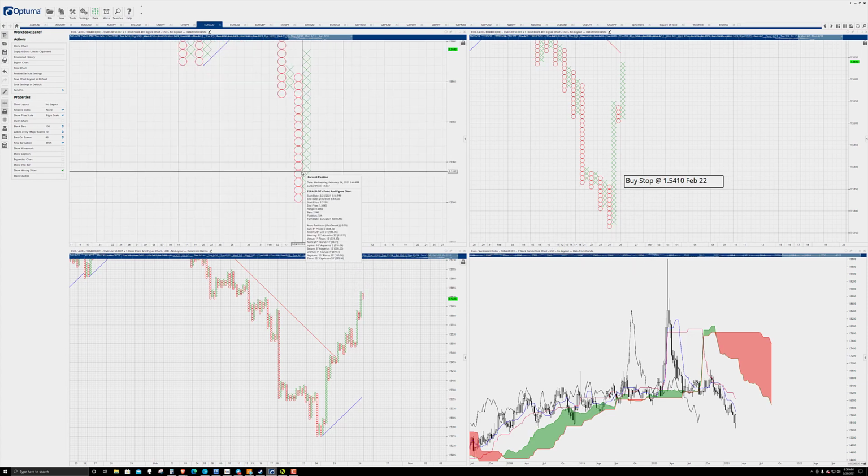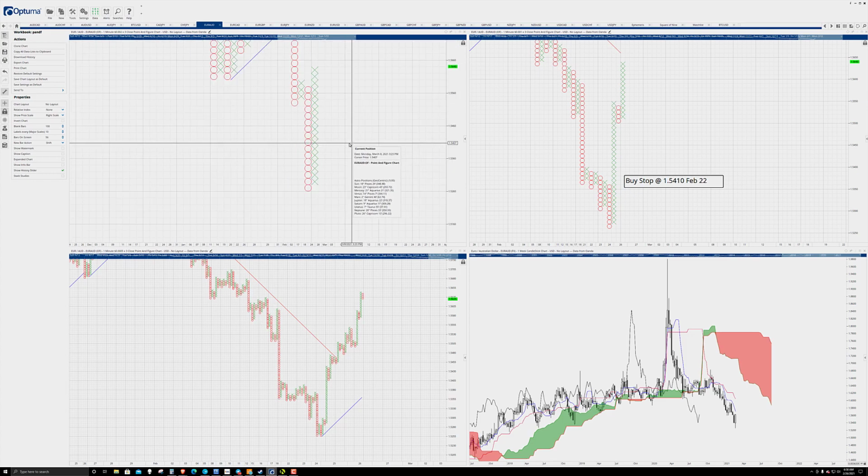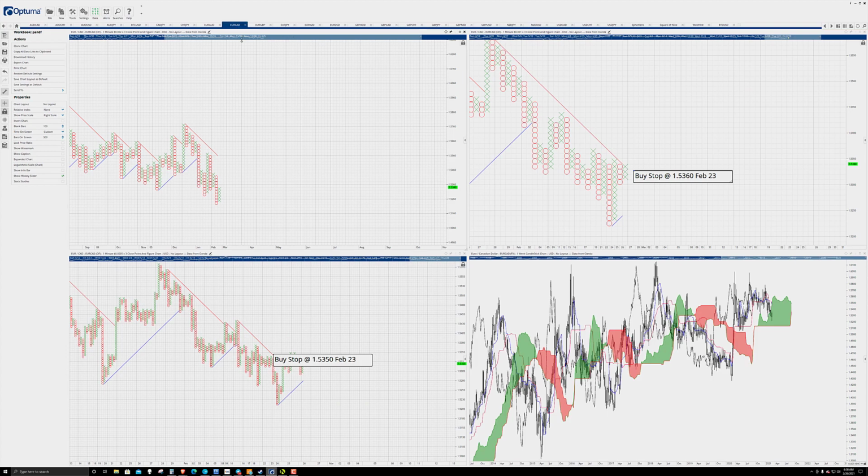No matter which way you would have done it, if you would have done the 3-box reversal entry on the 20 pip 3-box reversal chart on the top left, that's a 300 pip gain on that trade. Point and figure, again, very awesome, very stress-free way to trade.